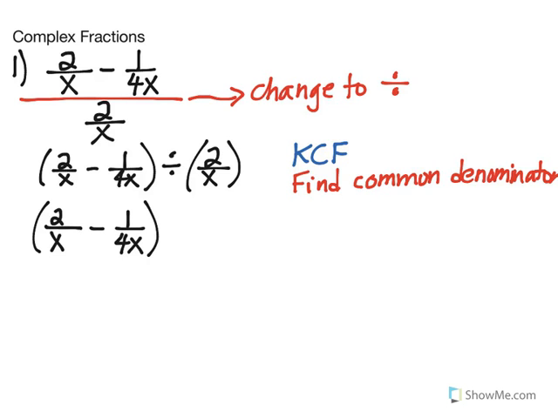So the KCF would be the keep, change to multiplying, and flip over the second fraction. Since it's only one fraction, we can do that right away. And then finding the common denominator in the first parentheses, the common denominator would be, in this case, 4x. This is for the numerator.